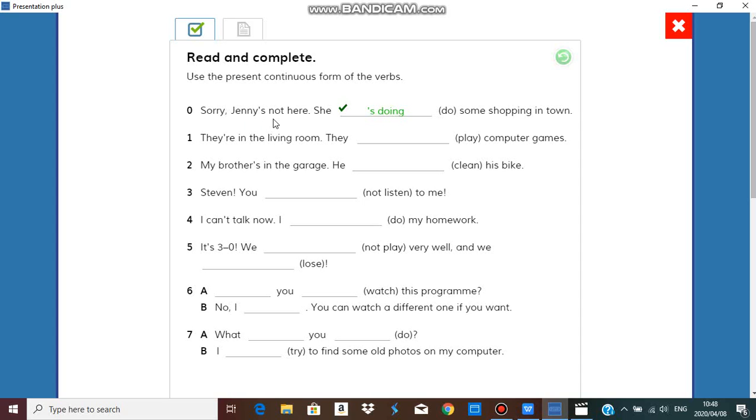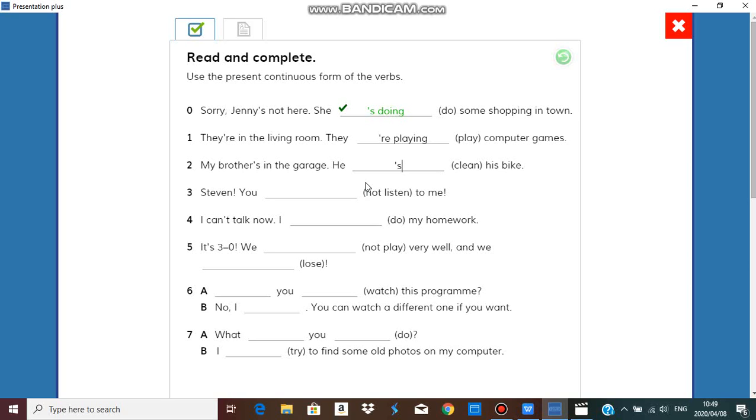The first one says, sorry, Jen is not here. She's doing some shopping in town. Doing. She's doing, and that's positive. They're in the living room. They're playing computer games. My brother's in the garage.